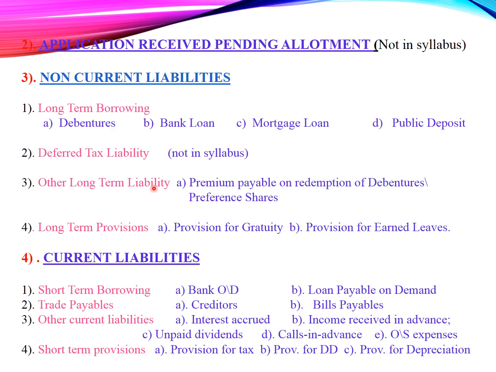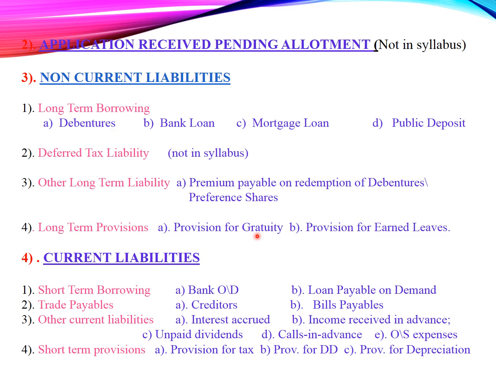These items are to be shown under other long-term liability. Fourth and last subheading under non-current liability is long-term provisions. This includes provision for gratuity or provision for earned leaves.